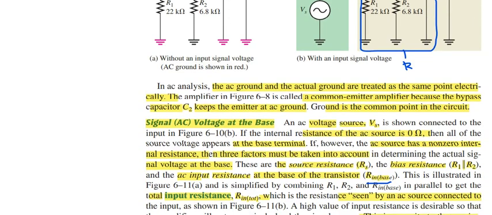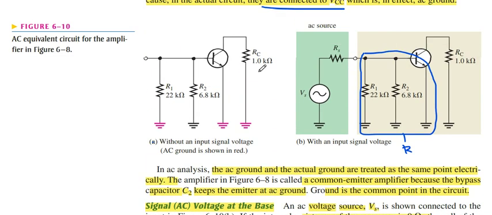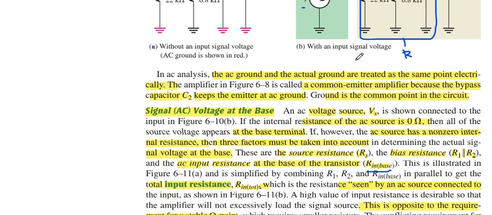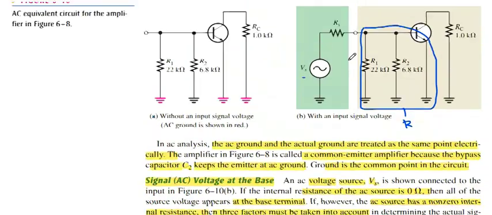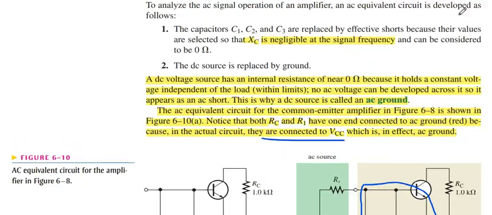RS is very small. If we use a high RS, then the VS signal, the input signal, decreases, which disturbs the Q point.